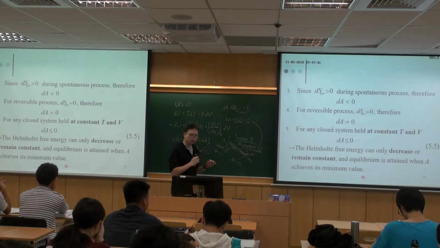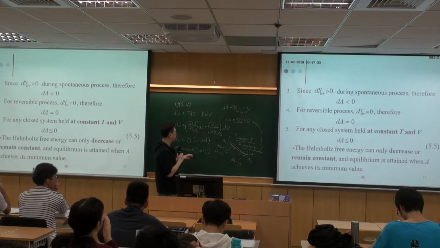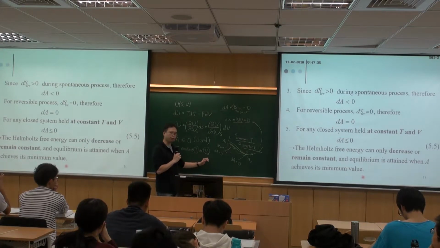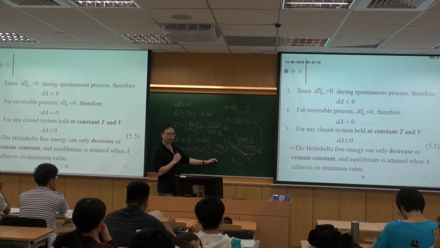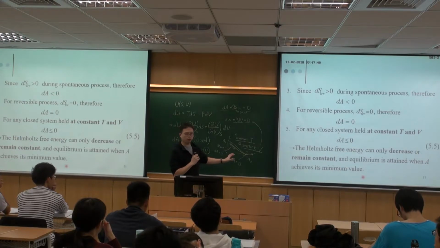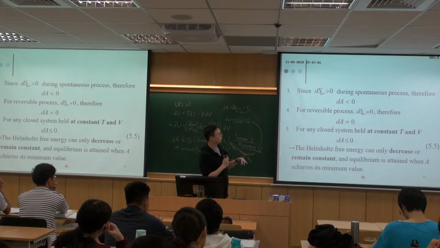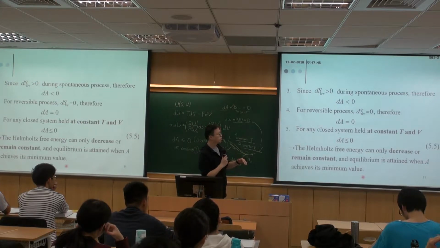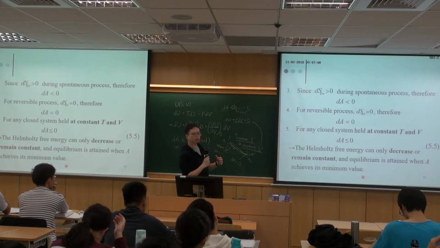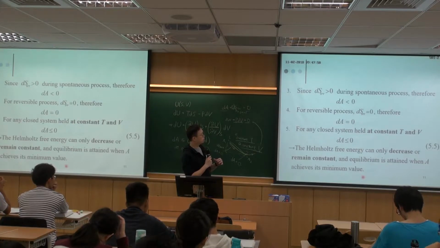Okay. Later we'll see the reason why we have to introduce different kinds of free energy, Gibbs free energy, is because if your system is going through a constant temperature and constant pressure process, so the constraints become constant T and constant P, then you have to use a different kind of free energy.